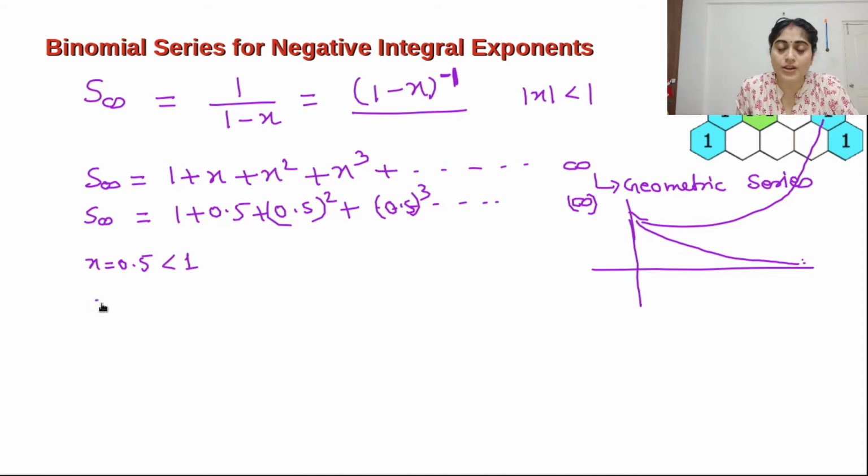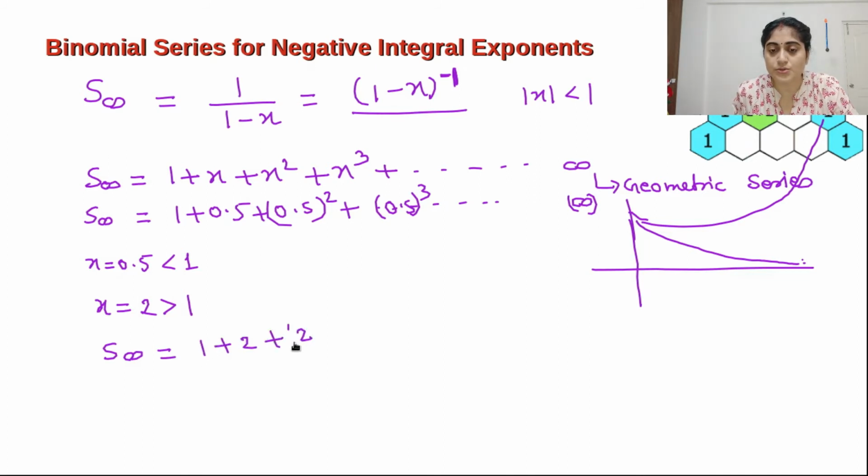So if you are taking x greater than 1, suppose 2, then the equation S infinity will become 1 plus 2 plus 2 square plus 2 cube.